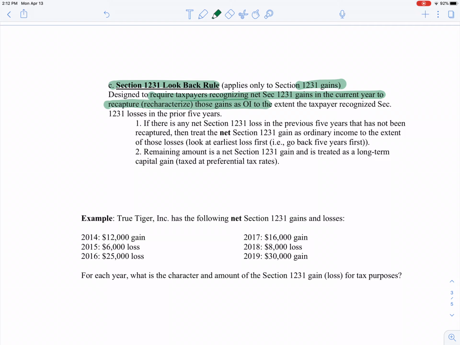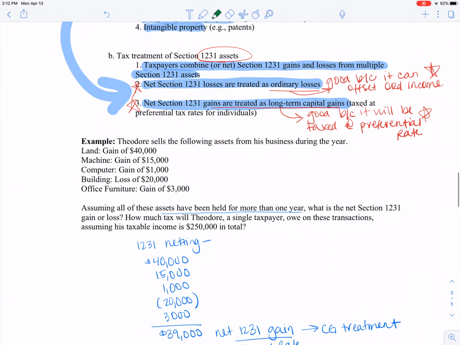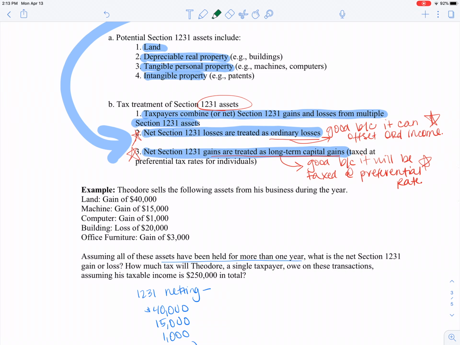So here's what I'm trying to say. If in 2019 I recognize a loss, and then I get ordinary loss treatment on that, because we can see that when you have net losses, they're treated as ordinary losses, and I get to offset ordinary income. And I'm happy about that because offsetting ordinary income is really beneficial to me.